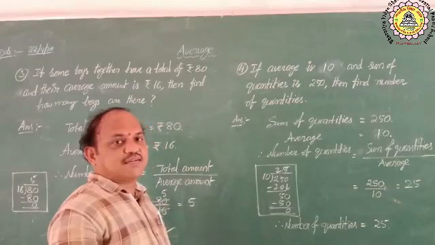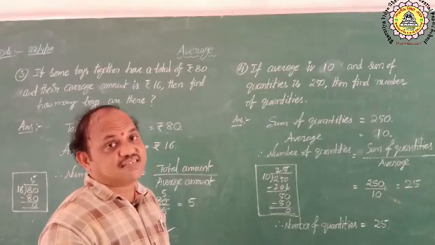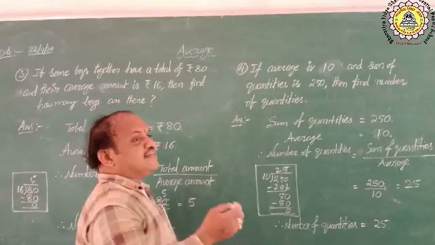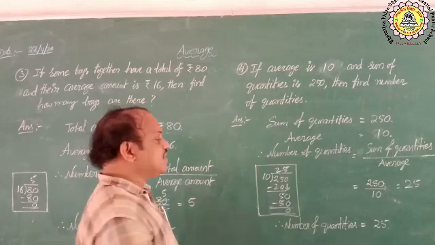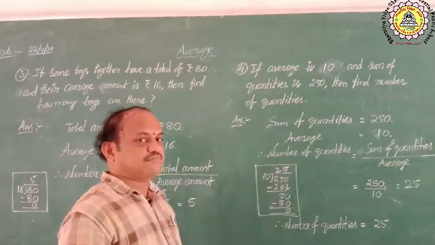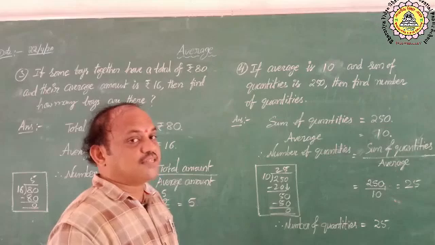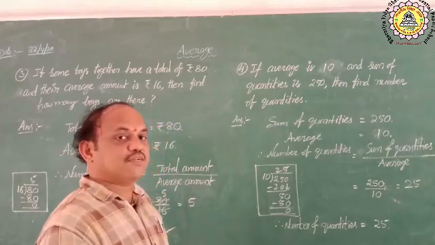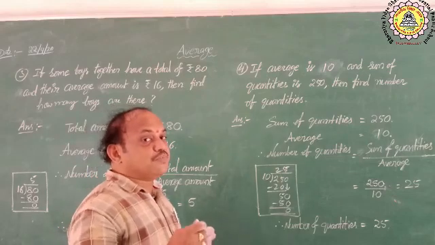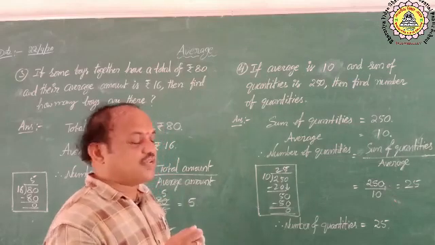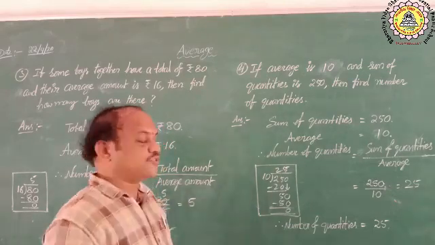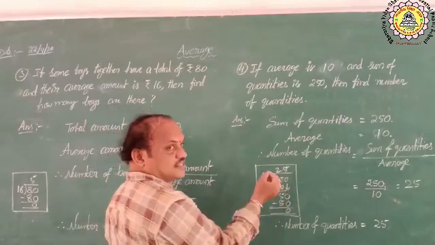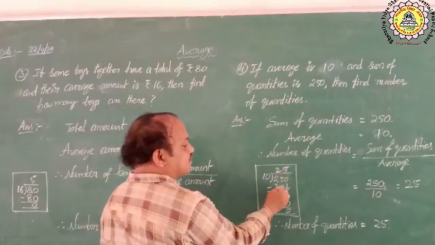See, 10 ones are 10, 10 twos are 20, 10 threes are 30. See, the nearest value should be less than our number, but not more than. See here 20 and 30 both are nearest values for 25, but that value should be lesser, means smaller than our number 25. So for 25 it means 20. 20 is the nearest value. So 10 twos are 20.